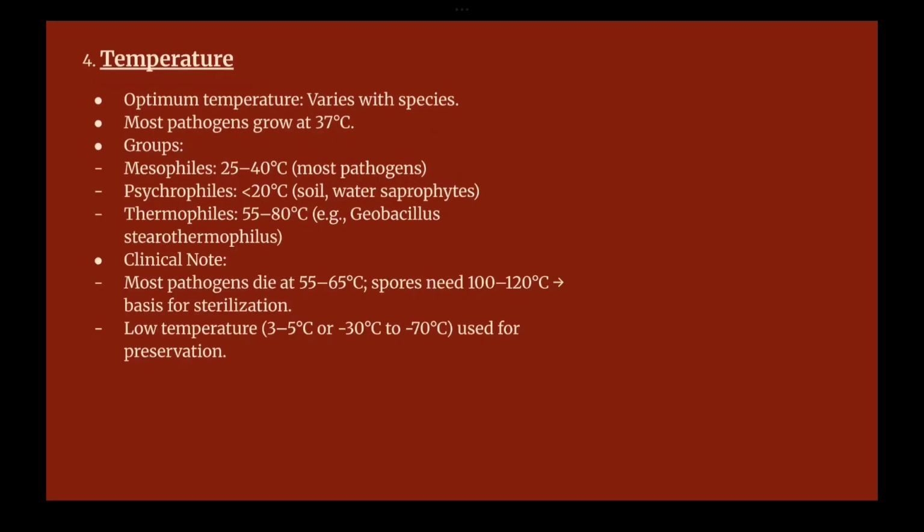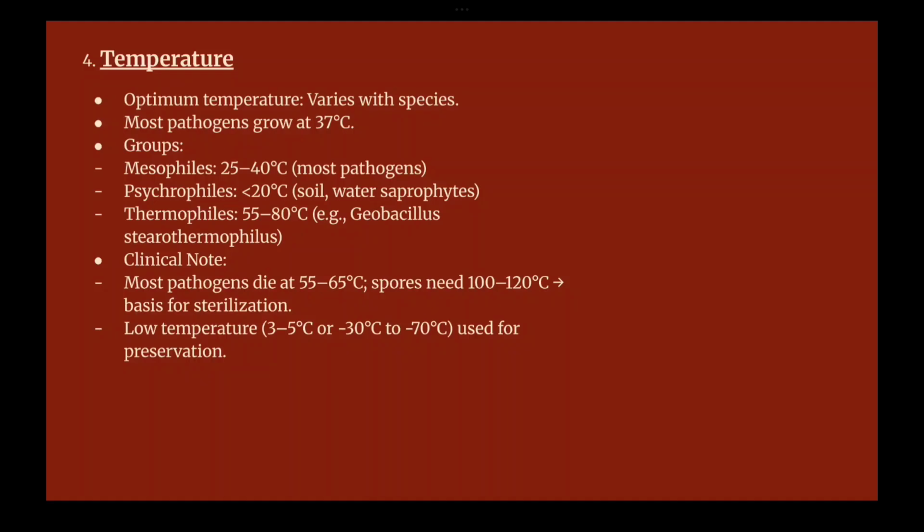The fourth point is temperature, a factor which determines the growth of bacteria. Here the optimum temperature required may vary for different species. That is, different species might require different temperatures to grow and survive. Most of the pathogens or microorganisms require 37 degrees Celsius, which is optimal for the growth of disease-causing bacteria or microorganisms in general.